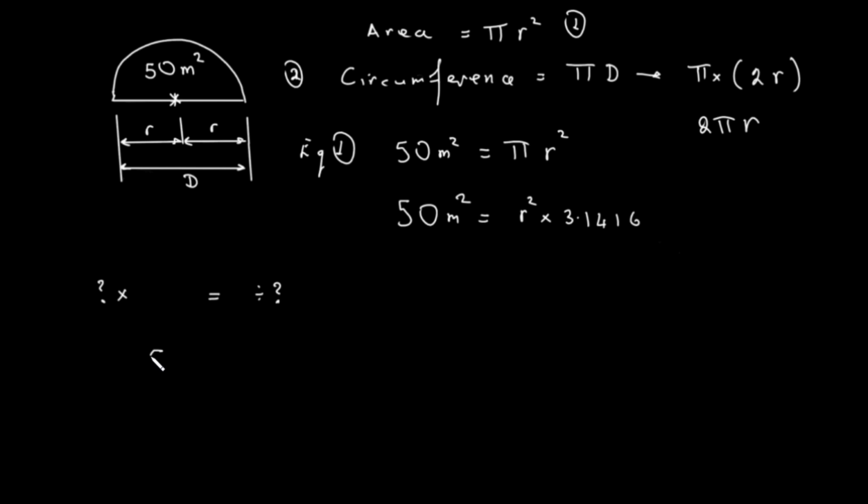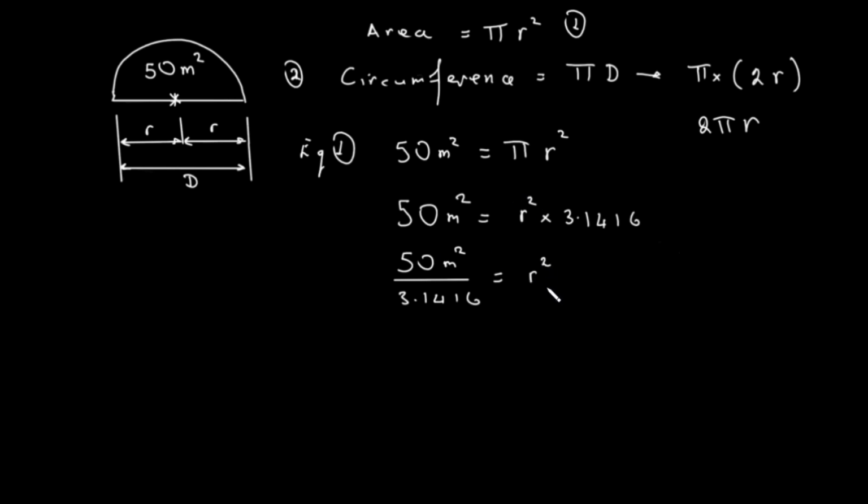So we end up with 50 meters squared all over 3.1416 equals, because we've moved that over to the other side, all that we're left with is the r squared.